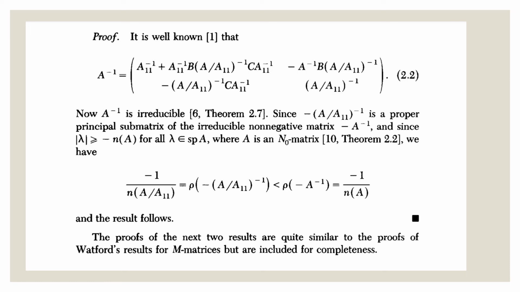Now A to the power minus 1 is irreducible, since A/A11 to the minus 1 is a proper principal submatrix of the irreducible non-negative matrix A to the minus 1, and since delta mod of delta is greater than or equal to n of A for all delta in the spectrum of A, where A is an n-naught matrix, we have, as you can see in the formula, the result follows.